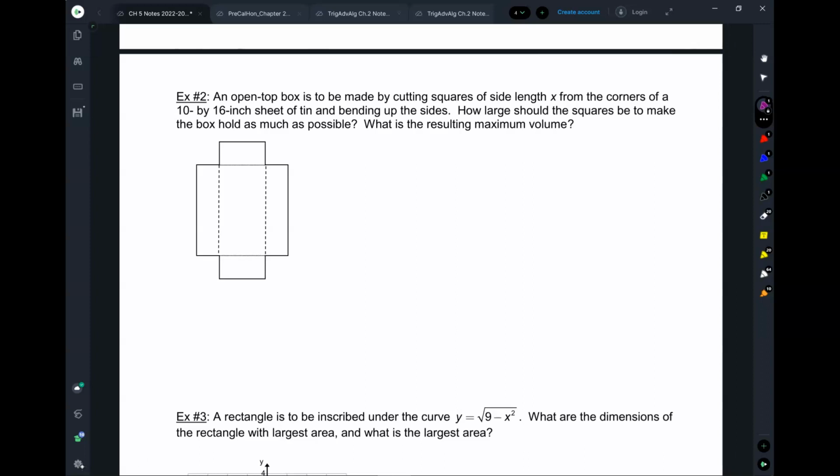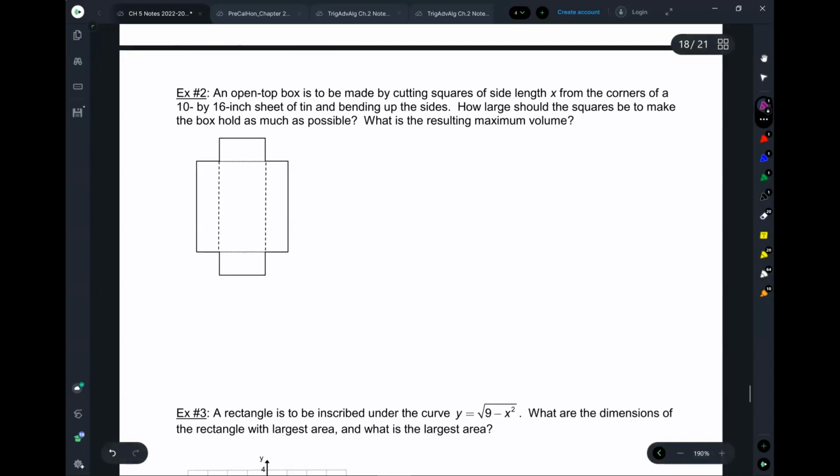Okay, let's move on. So this is the second type of problem that we're going to focus on in this class. Basically, you have to make an open top box by cutting squares of length x from the corners of a 10 by 16 sheet of tin and bending up the sides. So initially, this was just a rectangular sheet.